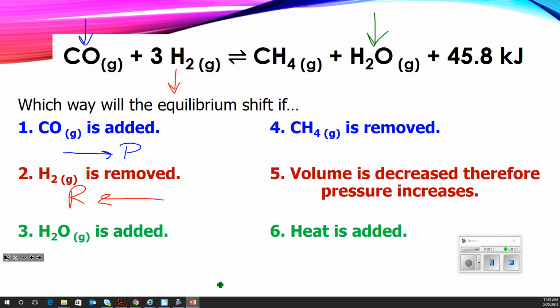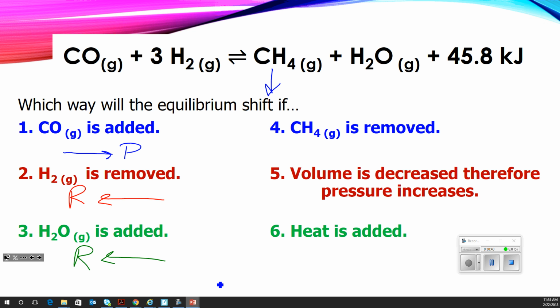What about H2O gas is added? Which way? I want to make sure everybody's getting this. So if I'm adding it, go away from it. Good, so it should go to the reactants because I'm going away from it if I'm adding it. If I'm taking it out, I'm going to it. All right, so we're going to come over here. I'm going to erase these arrows because I'm going to use the colors again. Okay, CH4 is removed.